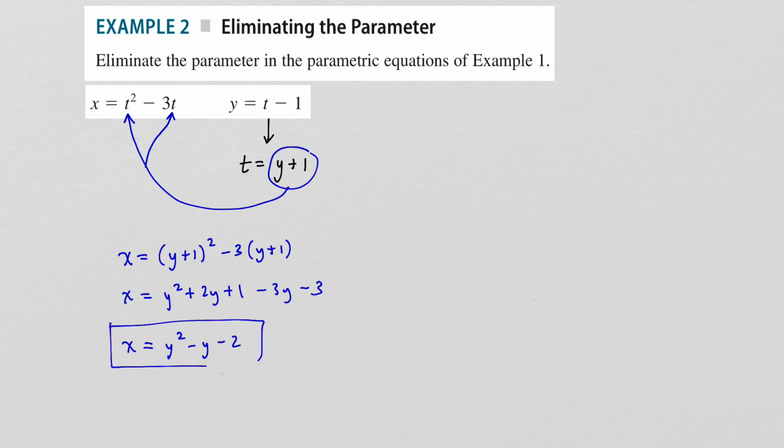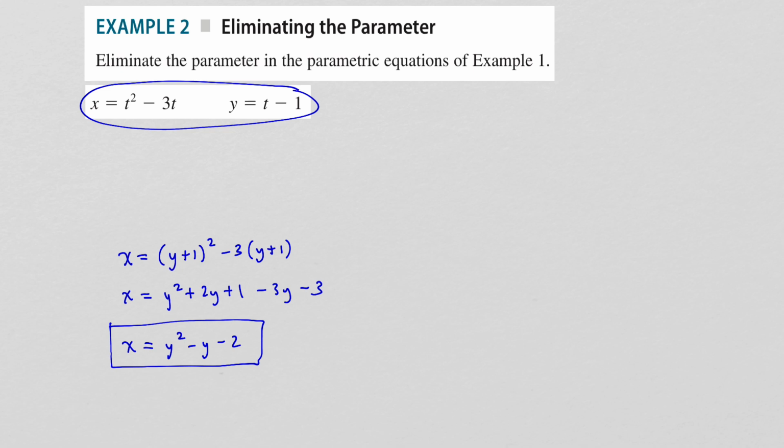So this is the rectangular equation that corresponds to these parametric equations. And of course, we know that if you graph this, this is going to be a parabola. But when we graph this as a set of points, we lose all notion of orientation or speed. This is just a set of points.